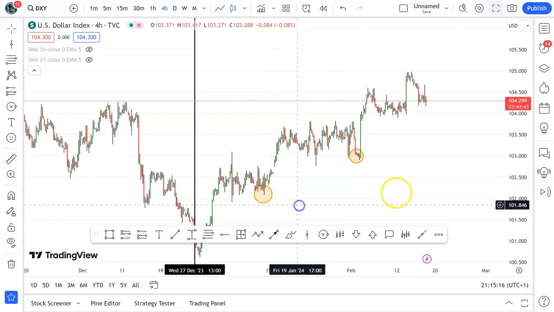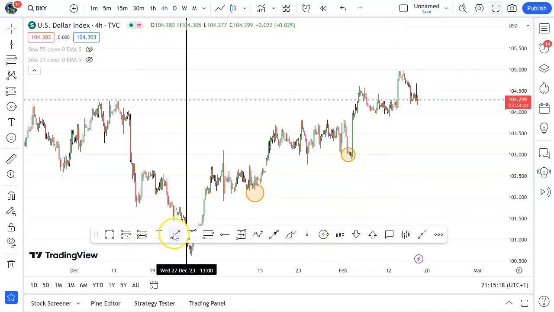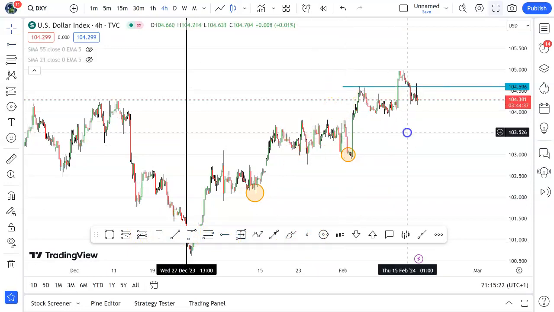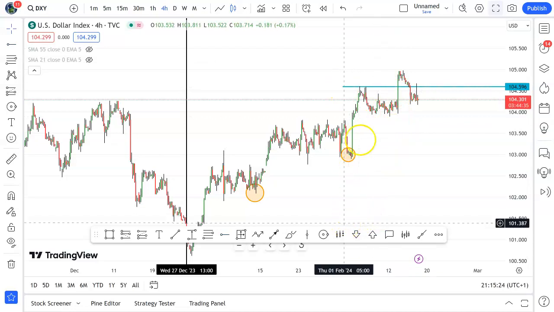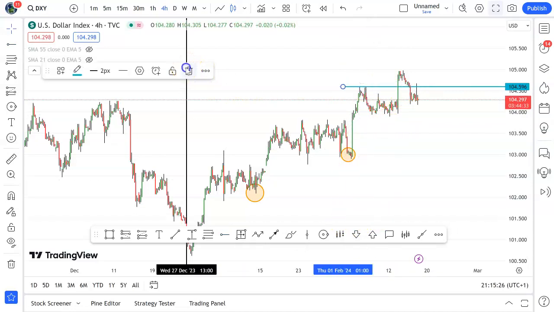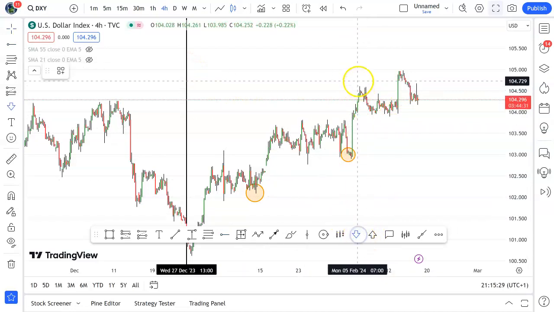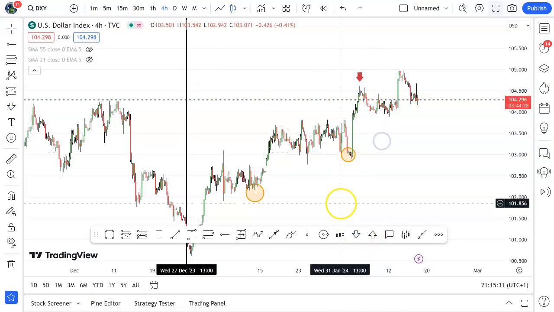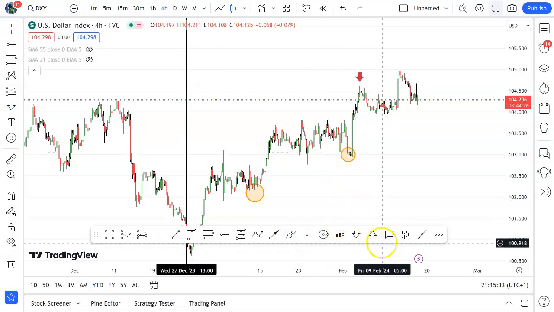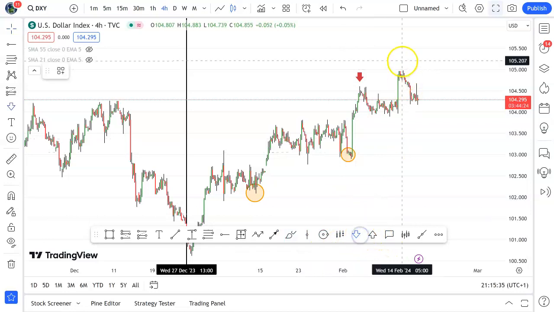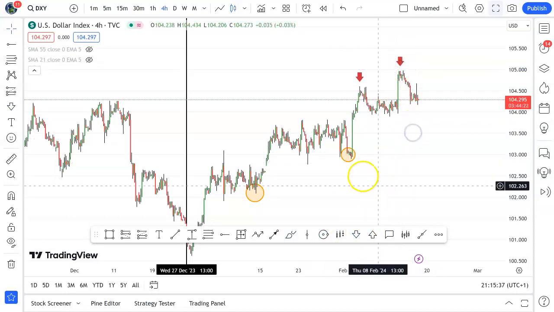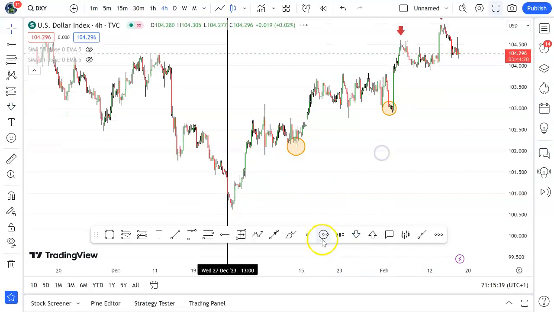These are our higher lows, then these are our higher highs, which was here. I'll use this arrow. These are our higher highs, then the circles are the higher lows.